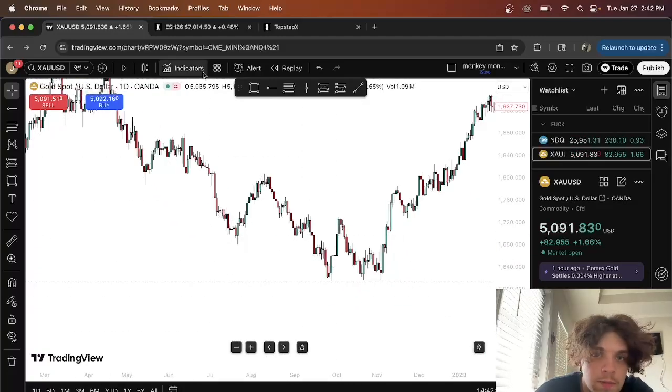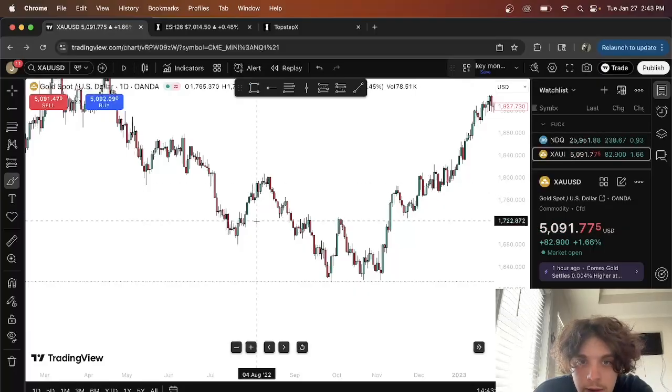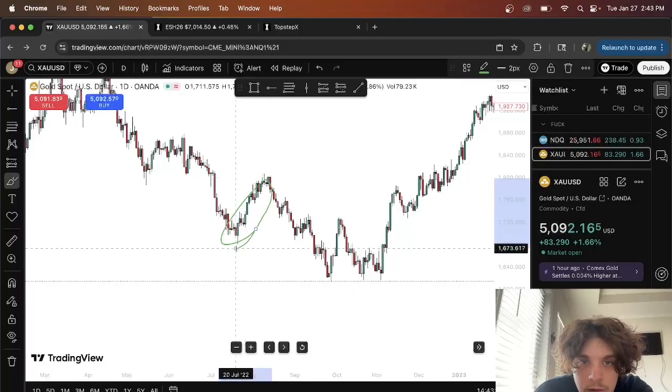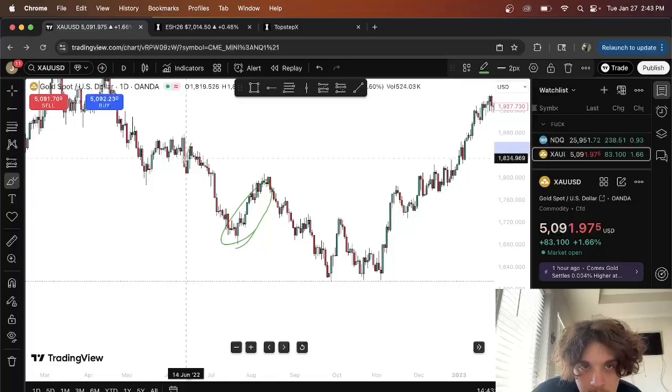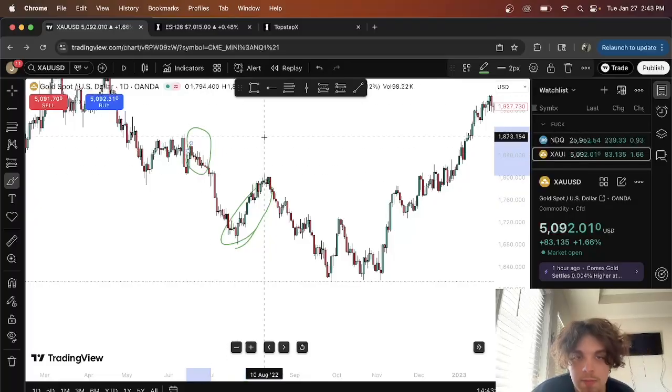What I mean by leg, let me show you. A leg is just this. It's not a technical term. It's just something that some people call it. It could be literally this right here. A leg just means a movement.